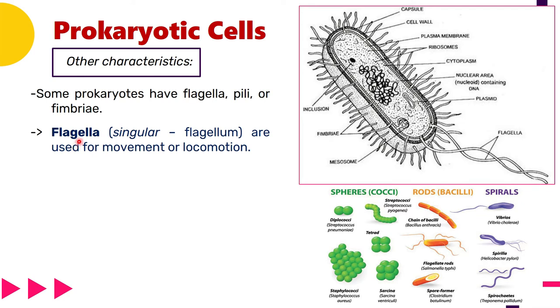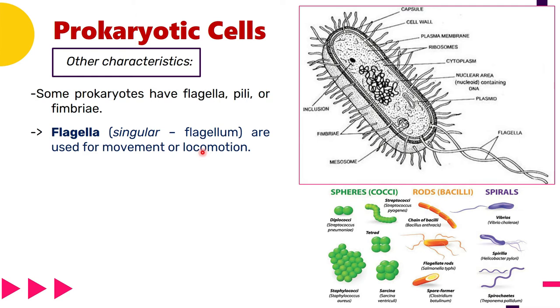So for flagella, flagella is plural. When you refer to only one structure, we call that flagellum, singular flagellum. So flagella are used for movement of the prokaryote, or locomotion.